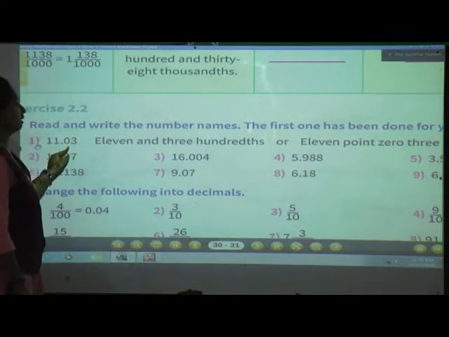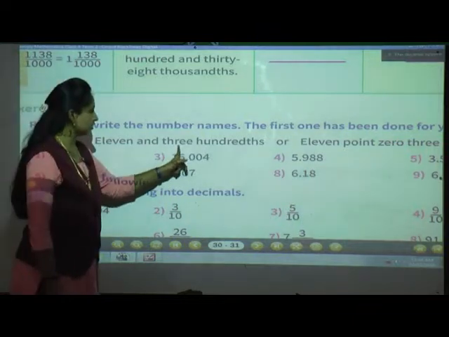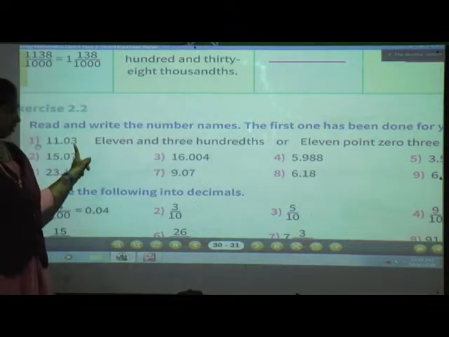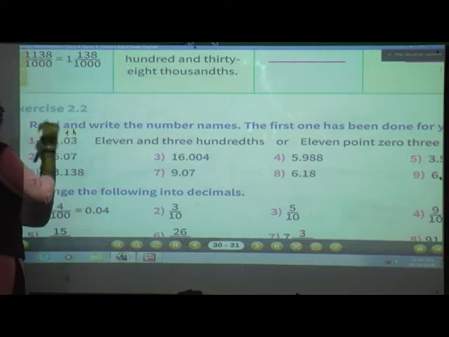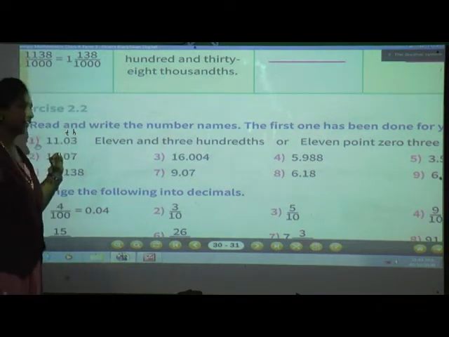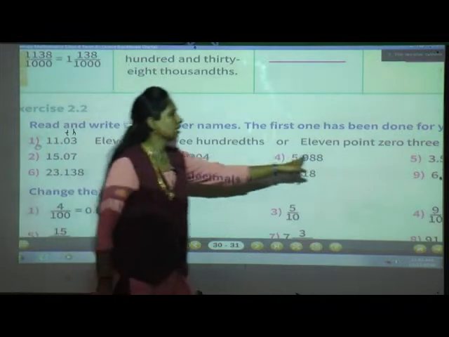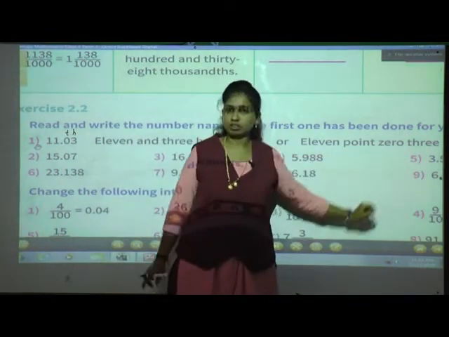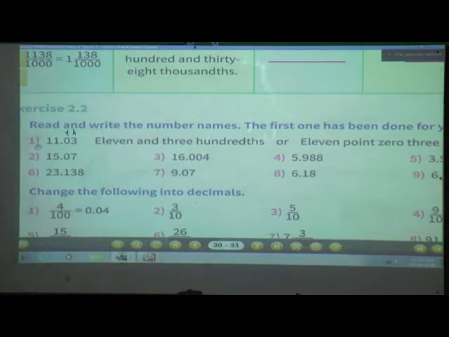So how to write the number name of this decimal? 11 and 3 hundredths. See, this is the tenths place, this is the hundredths place. So 3 hundredths. Or else how can you write it in another way? 11.03. So the second one is very easy, so we will follow the second one. Okay. Now let's solve.